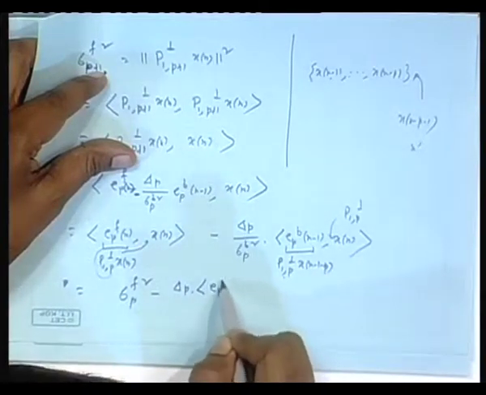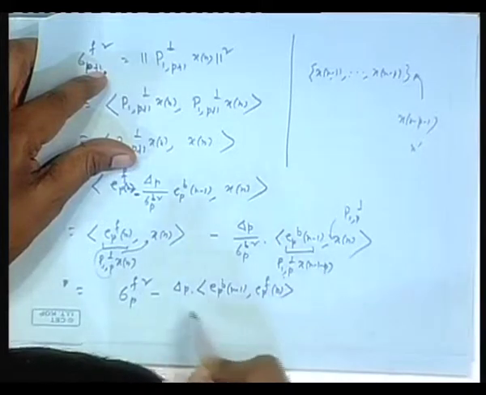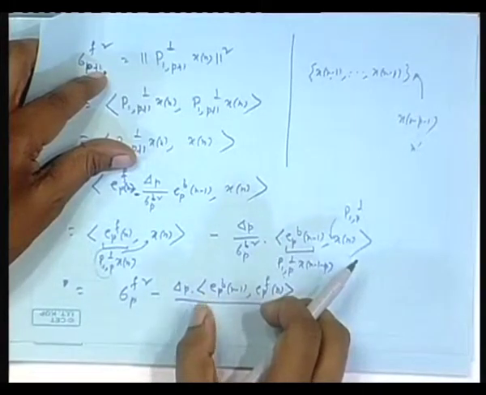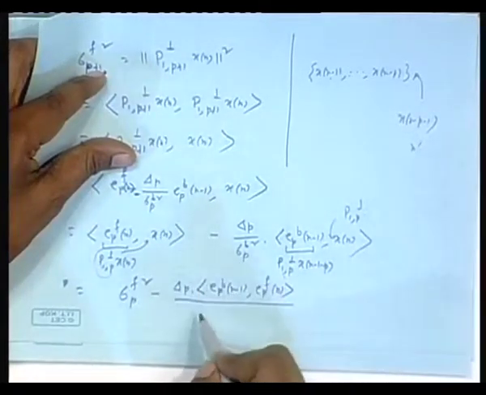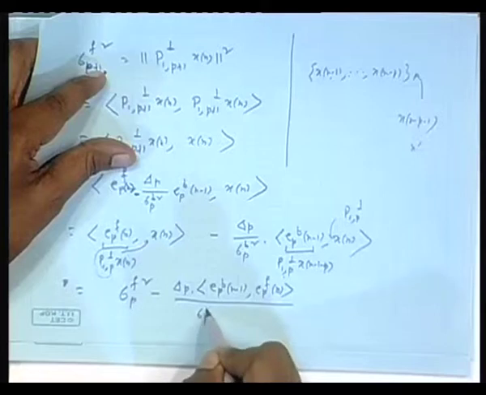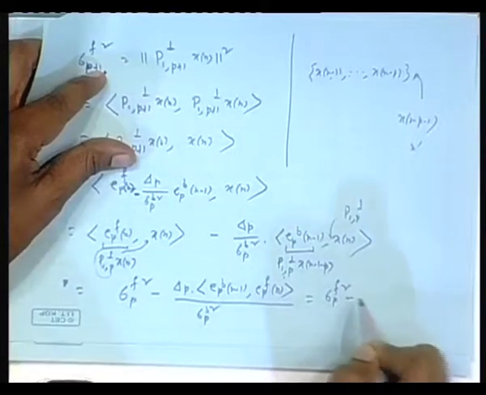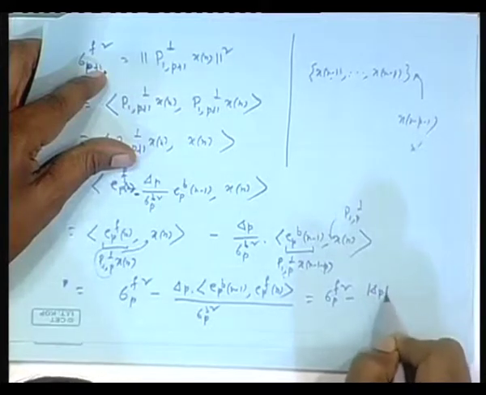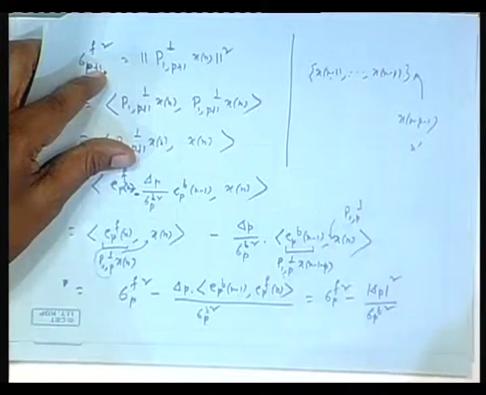Inner product between EPB n minus 1, EPFN, which is delta P star. Delta P was inner product between this and this. Now it has become reverse. So you see how nicely recursive it is.